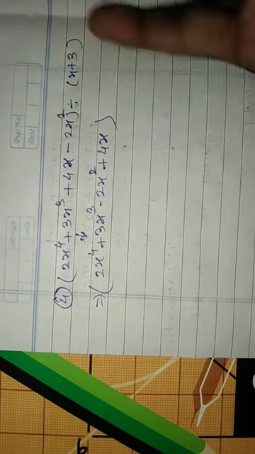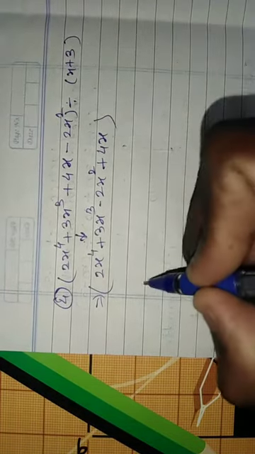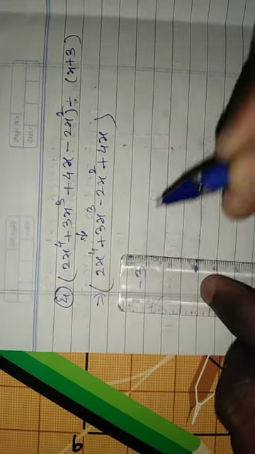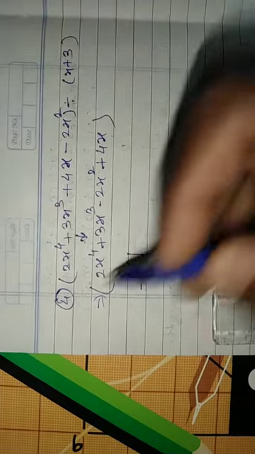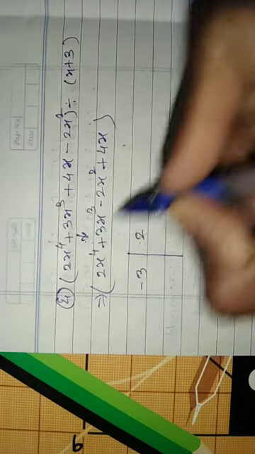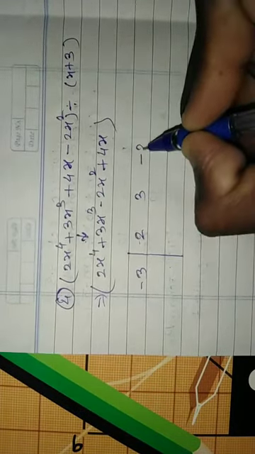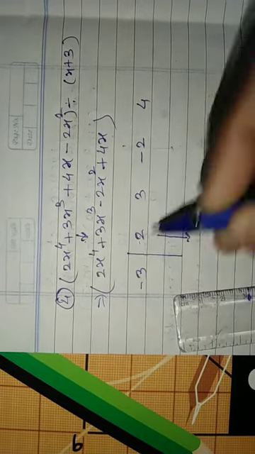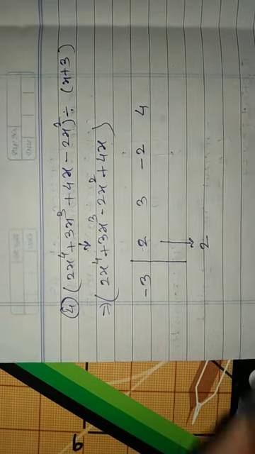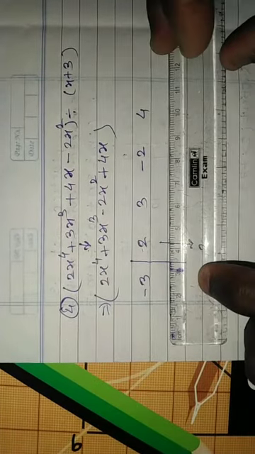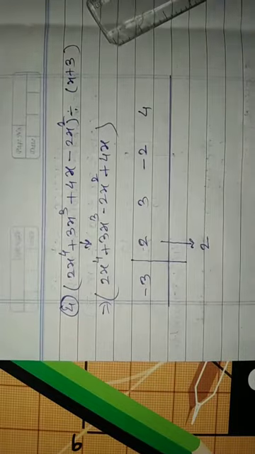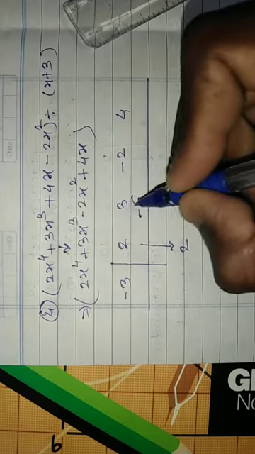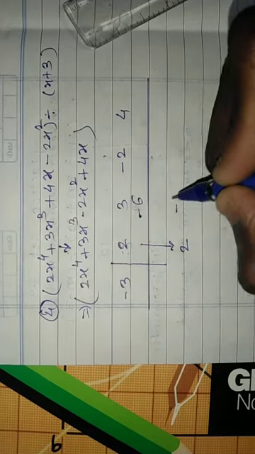Now we have to write this way: here is plus 3, so take, student, minus 3. Then next step, we are writing the remaining coefficients: 2, then plus 3, then minus 2 and plus 4. Now we write the first coefficient as it is, 2. Then minus 3 into 2 becomes minus 6, and minus 6 plus 3 becomes minus 3.